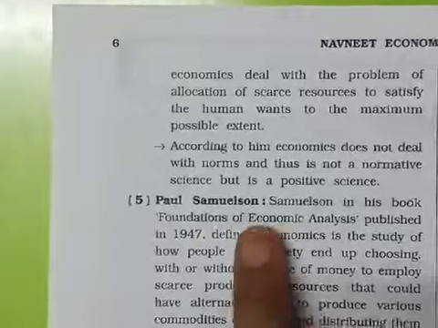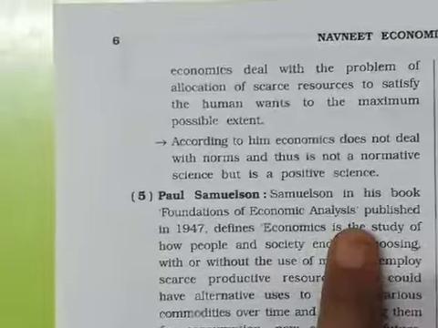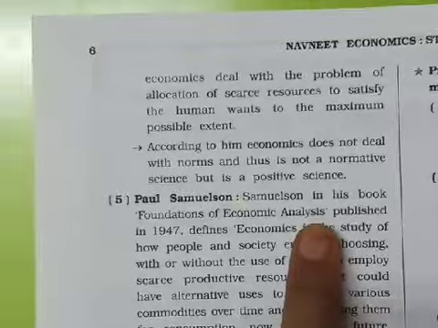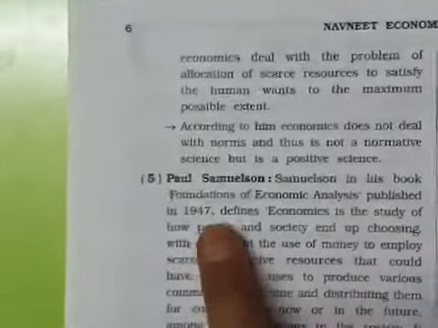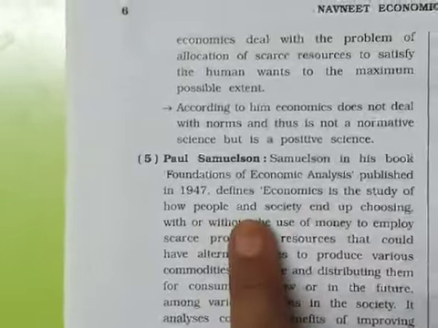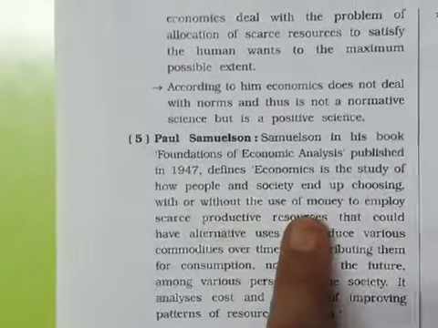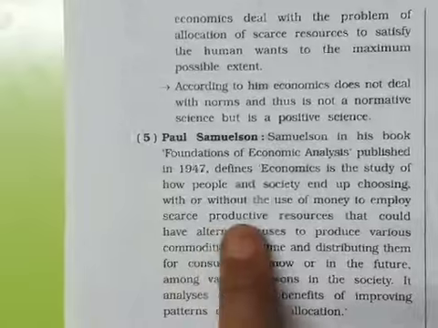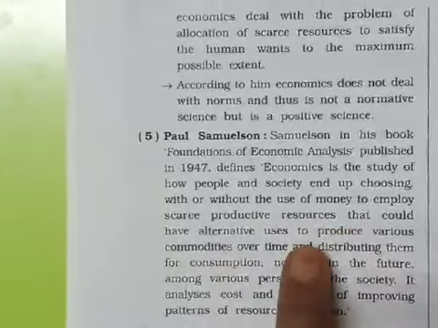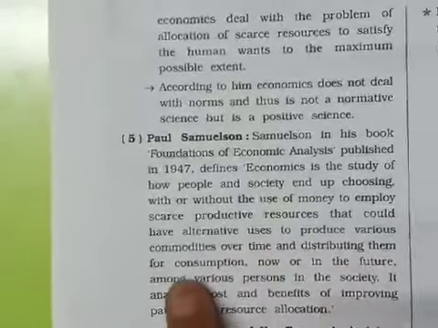Paul Samuelson, in his book Foundations of Economic Analysis. Analysis means to study something, go through it thoroughly, that is known as analysis. Published in 1947, it defines economics as the study of how people and society end up choosing, with or without the use of money, to employ scarce productive resources that could have alternative uses to produce various commodities over time and distribute them for consumption.